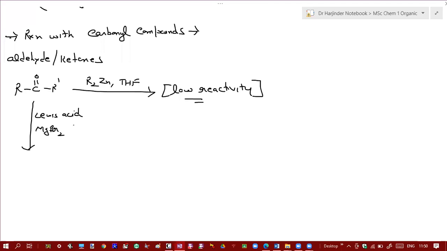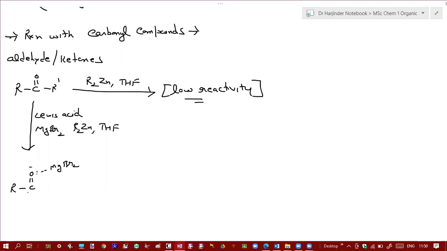What will the Lewis acid do? It wants electrons, so it will combine with the lone pair of electrons of this oxygen and withdraw these electrons towards itself.